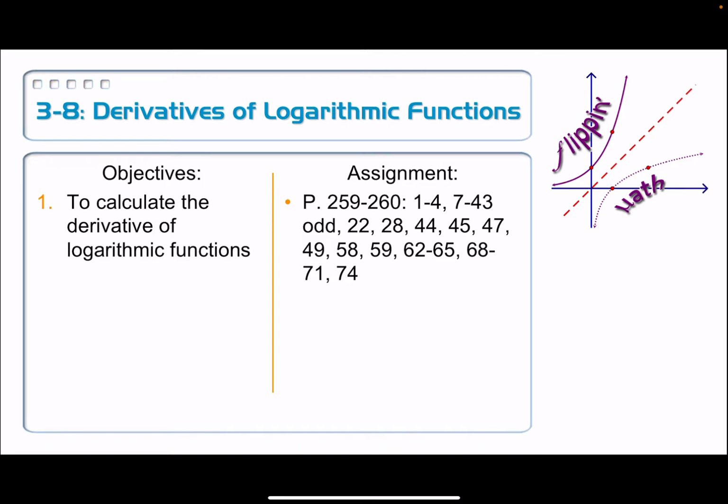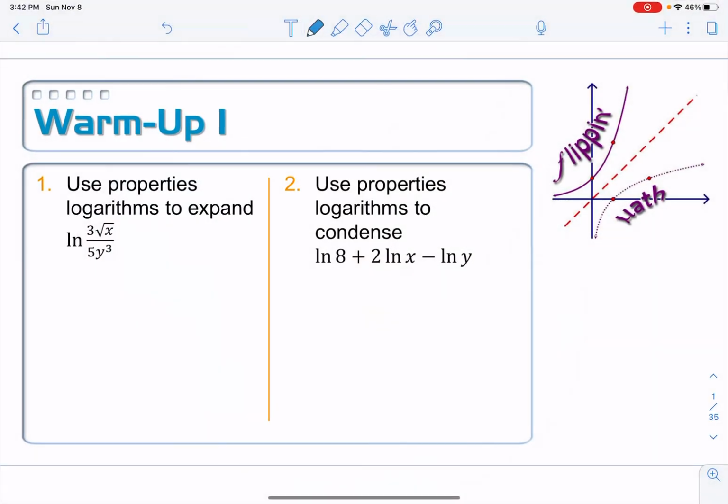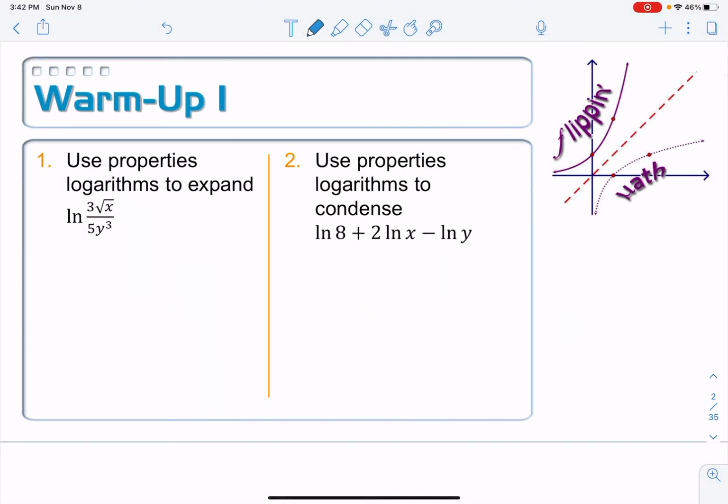Okay, so let's start by warming up a little bit, refreshing our knowledge about some various properties of logarithms. Number 1, we want to use some properties of logarithms to expand out the natural log of, now that's not cube root, that's 3 times the square root of x divided by 5 times y to the third. Let's try this. Remember that when I'm taking the log of a quotient, I can break that up as the difference between two logs.